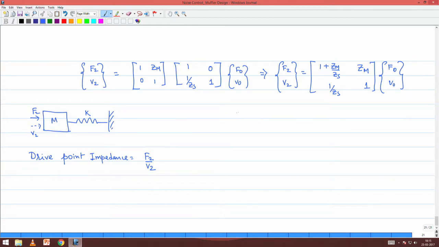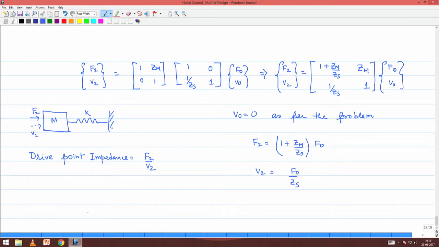That is very simple. We have to realize that V0 has got to be 0 as per the problem, because the spring is fixed at one end. So, V0 has got to be 0, which means from the transfer matrix, as we can see, F2 is 1 plus Zm by Zs into F0, and V2 will have to be F0 by Zs.